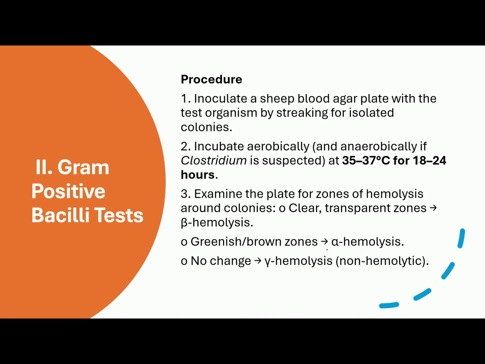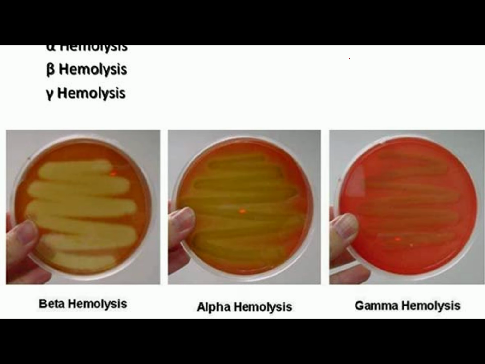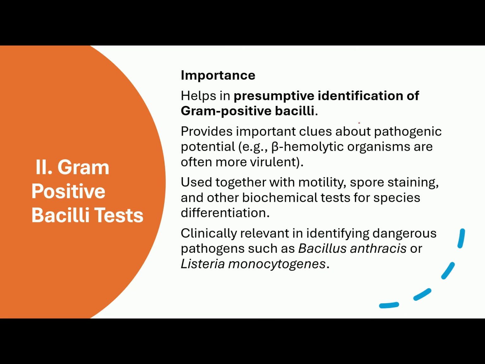If there is a clear or transparent zone, it is beta; greenish or brown zone, alpha; no change, gamma hemolysis. So if you streak like this and there is a clear zone surrounding it, beta. If there is a greenish zone at the edge of the colony, it's alpha. If there's no change, then it's gamma hemolysis.